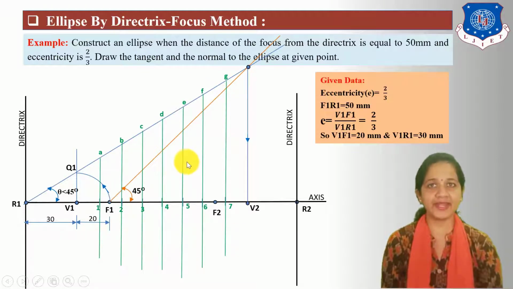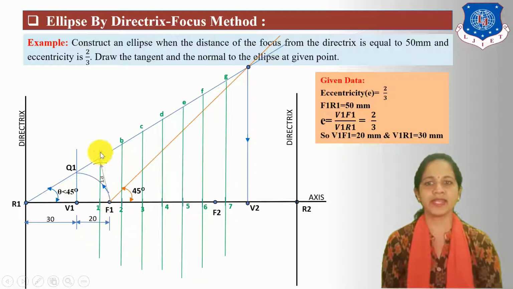Now, for finding the locus points of the ellipse, first take radius 1A, center F1, and cut two arcs on this 1A vertical line, one above the axis and another below the axis.